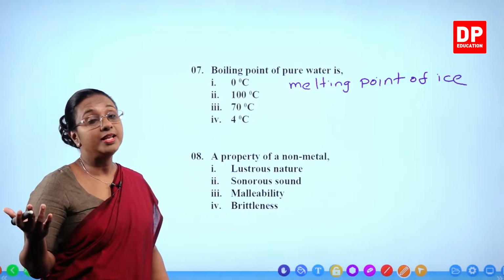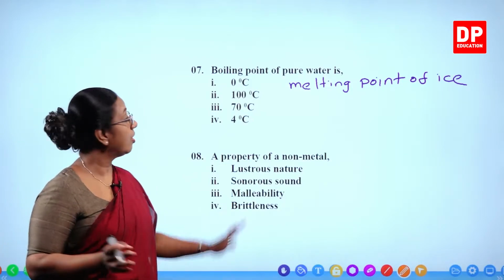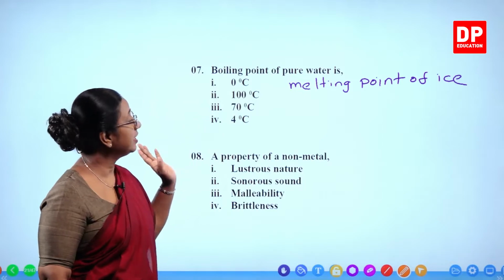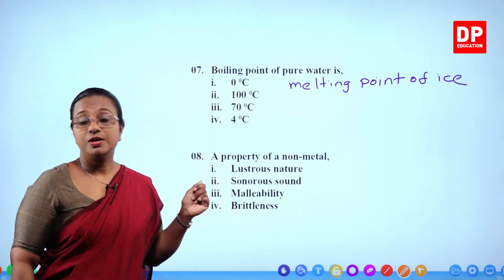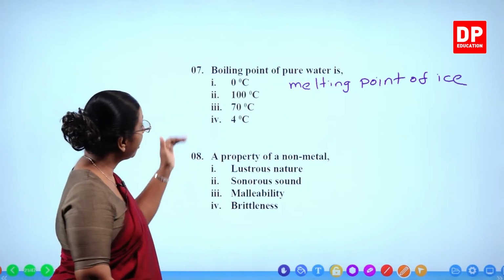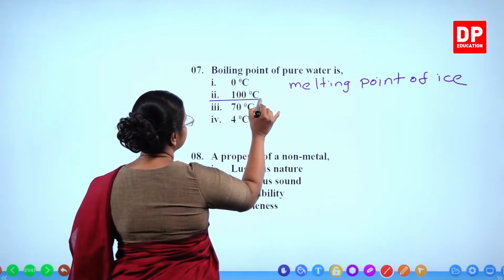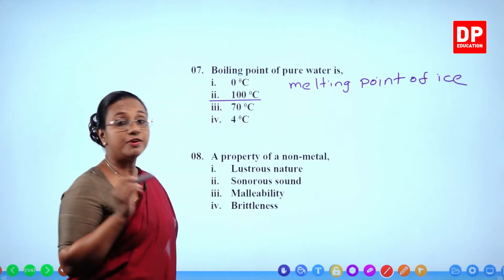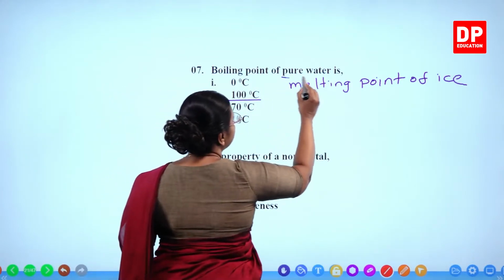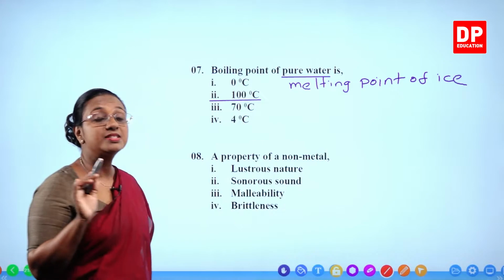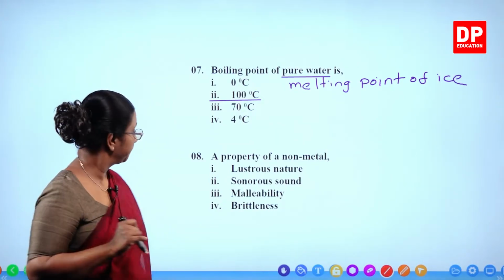It can be the boiling point of a different liquid but not pure water. Then 4 degrees Celsius, that is also a different temperature. So out of these, the correct answer is 100 degrees Celsius. That is the boiling point of pure water. Very important. It's pure water. So a fixed value for boiling point.